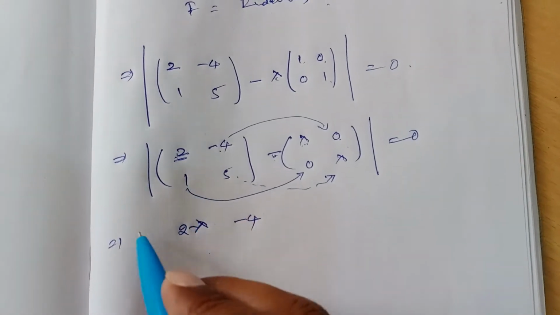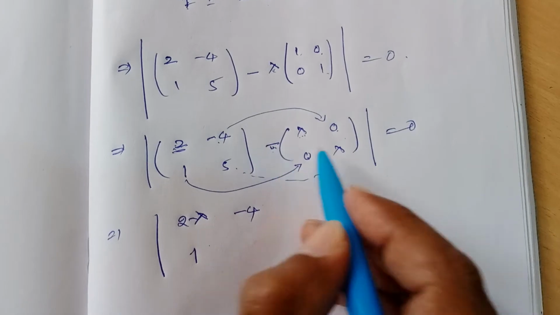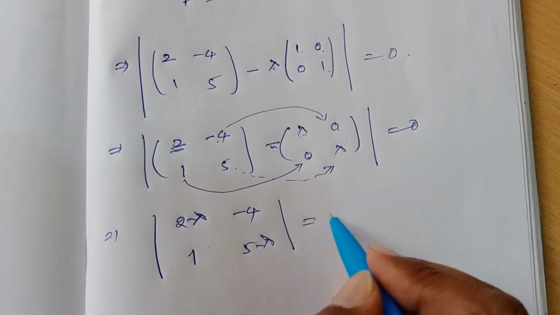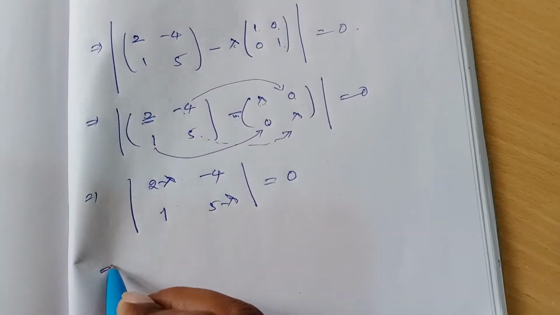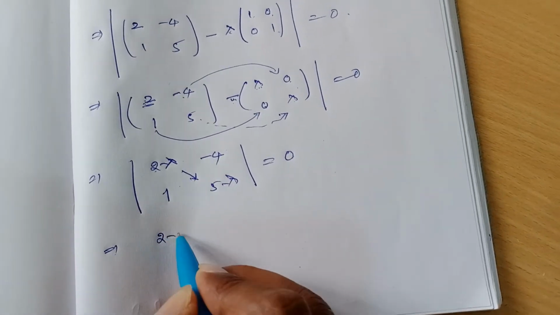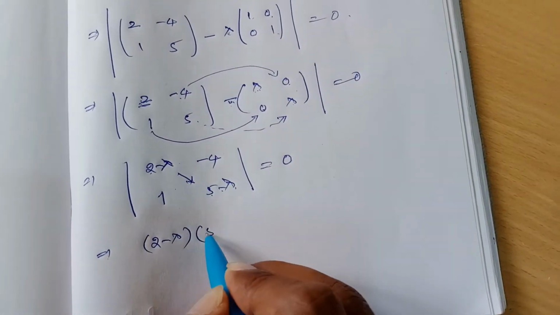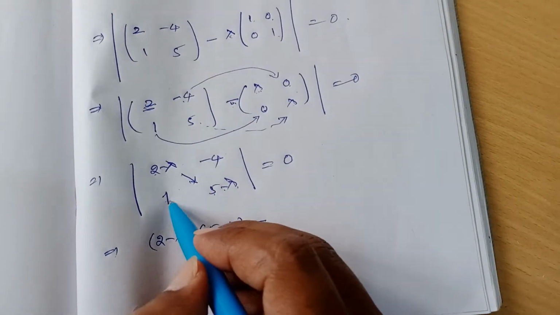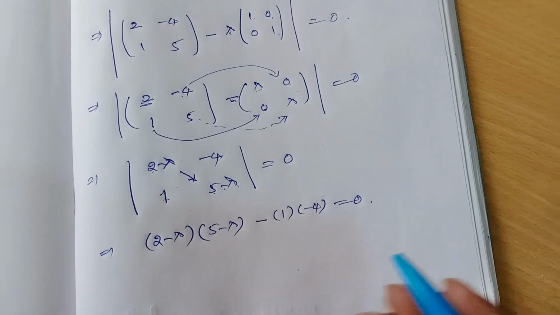The next, 1 minus 0 is 1, 5 minus lambda, close the mod, is equal to 0. So this is the determinant. Find the determinant, that is equal to cross multiplication: 2 minus lambda into 5 minus lambda, minus cross multiplication 1 into minus 4, which is equal to 0.